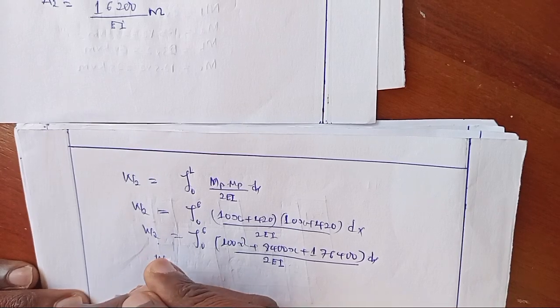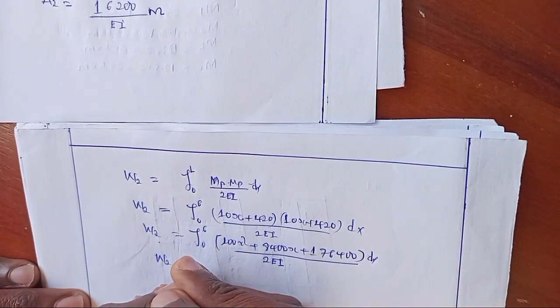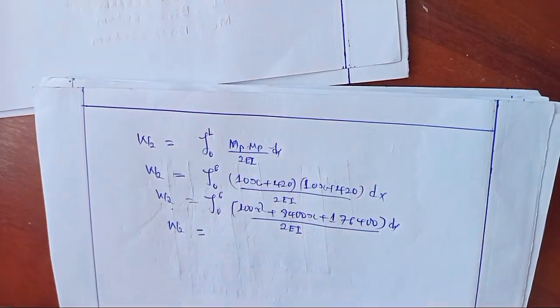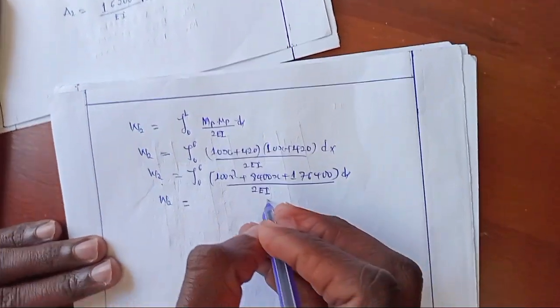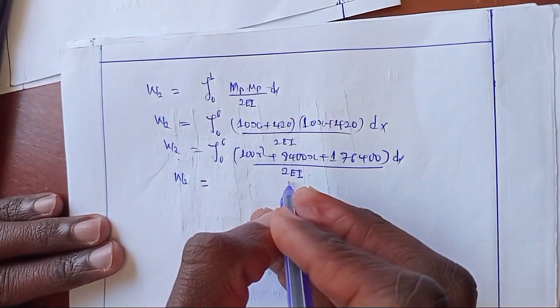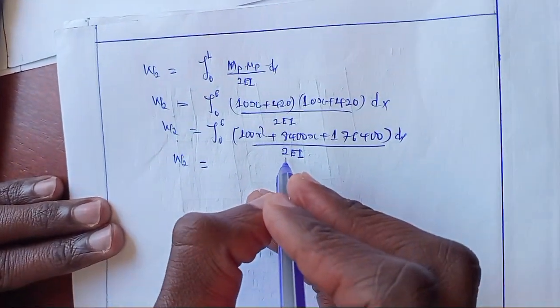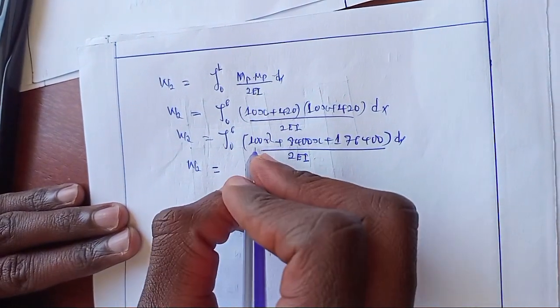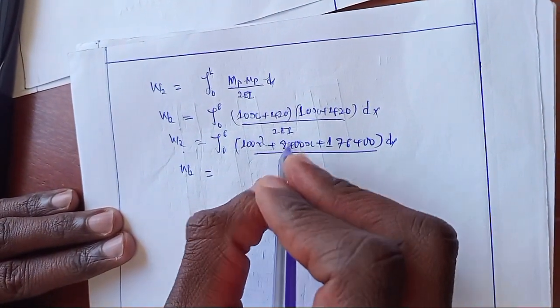So the internal energy, the total energy: before integrating we may simplify this one. Here we get 50.